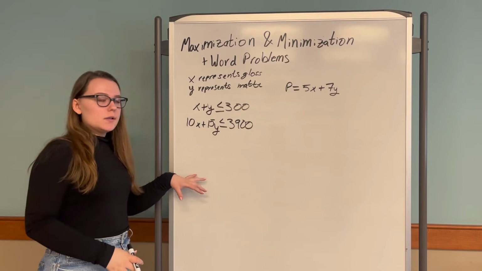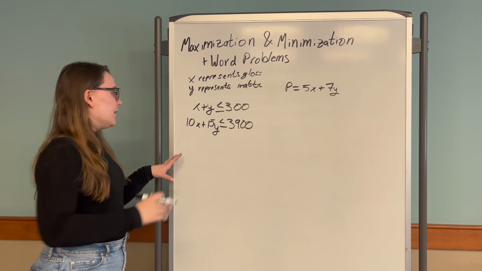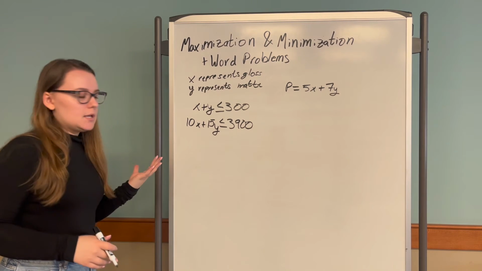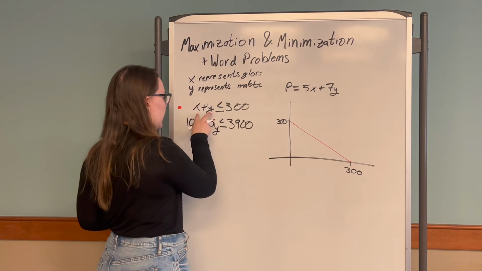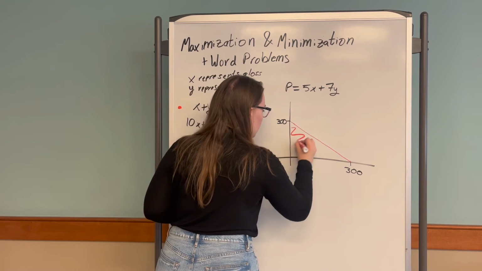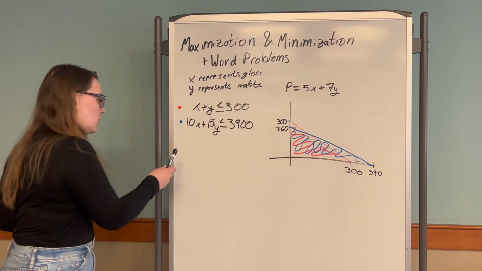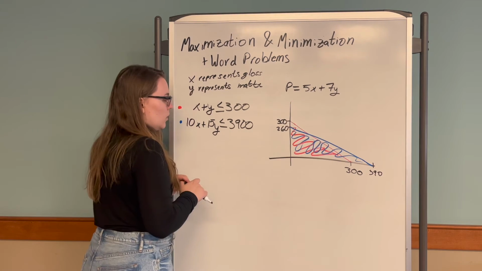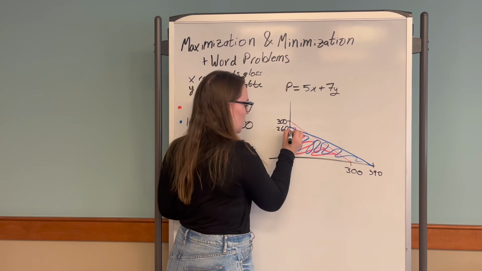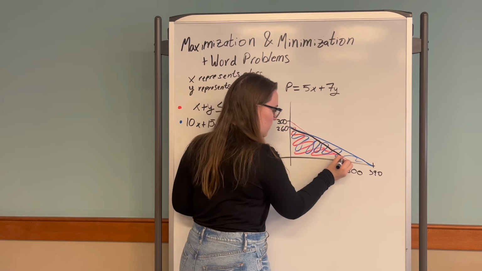All right, next we're going to draw a graph of our two inequalities and see where they intersect. There is our x plus y less than or equal to 300, and that is this area here. And then when we graph out this inequality here, we get this. What we really want to look at is this part right here.